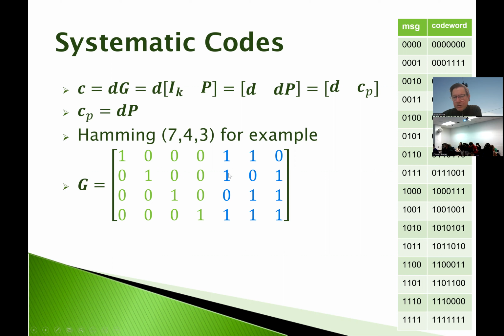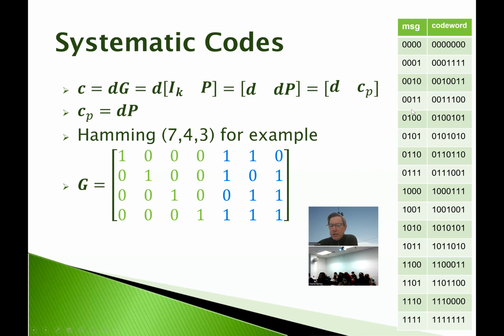So D1, D2, and D4, modulo 2 added. The second parity bit would be D1 plus D3 plus D4. And the third one would be D2 plus D3 plus D4. We're just putting that into a matrix, and again, that's modulo 2 operated.